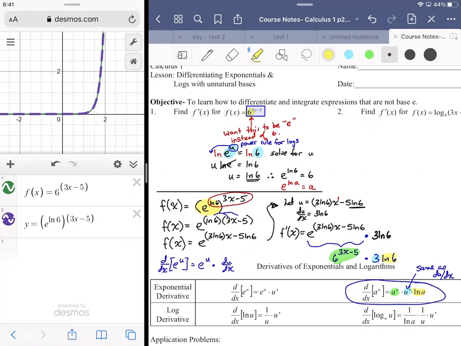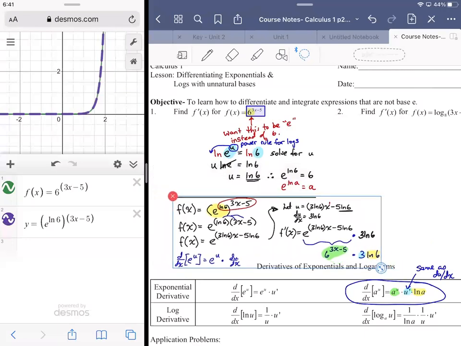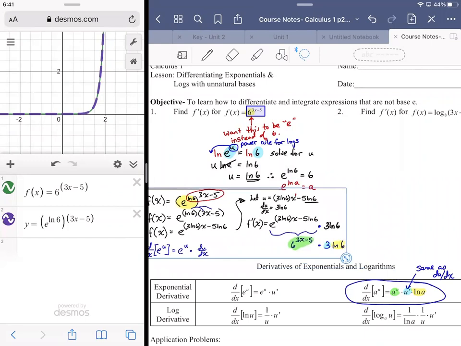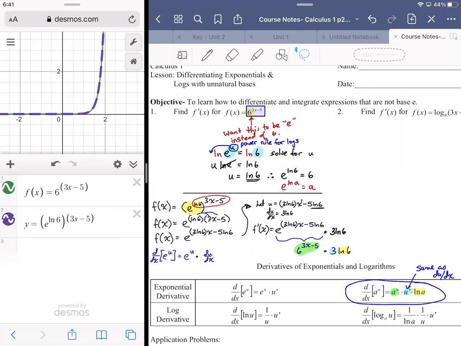But I feel, and I think there's got to be at least somebody out there that agrees with me, that it's worth doing it the long way at least once, so you get an idea of why things work the way they do. Otherwise, you're just memorizing rules. And some folks are just fine with that. They're like, give me the rules, I'll memorize them all day long.